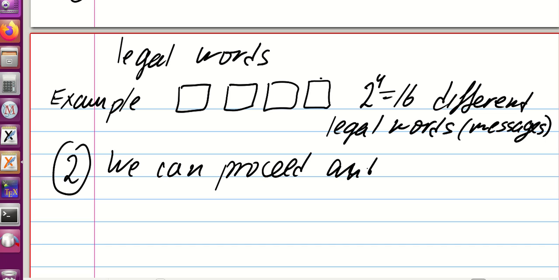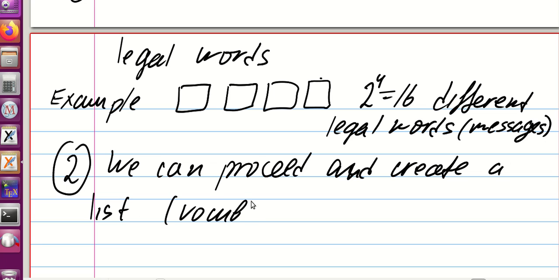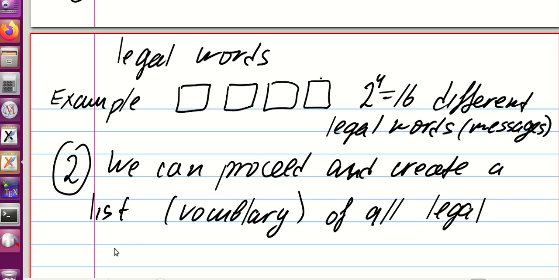So in step number 2, we proceed and create a list, we can think of it as a vocabulary, of all legal code words.